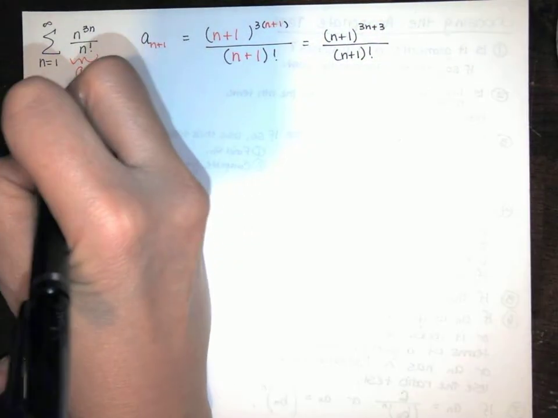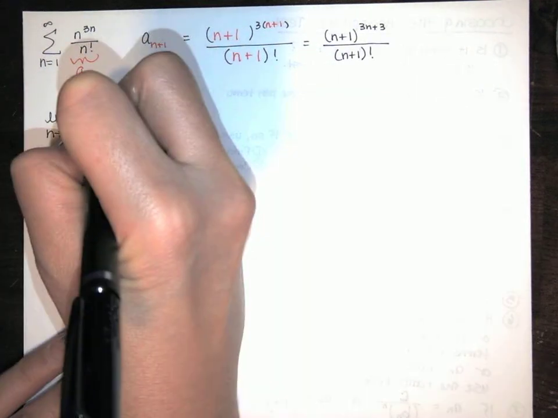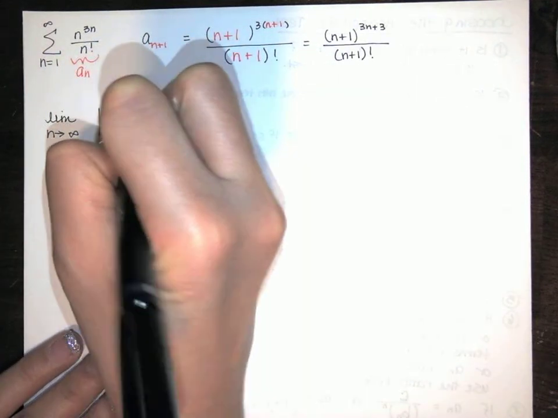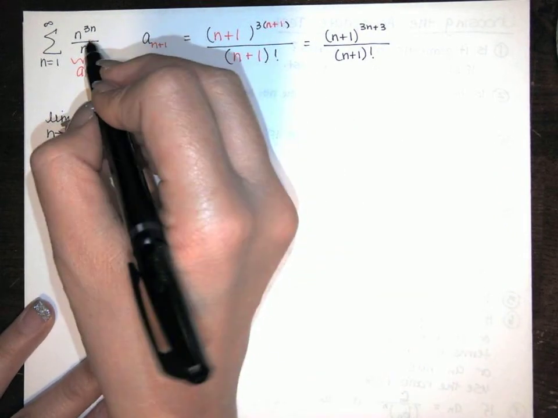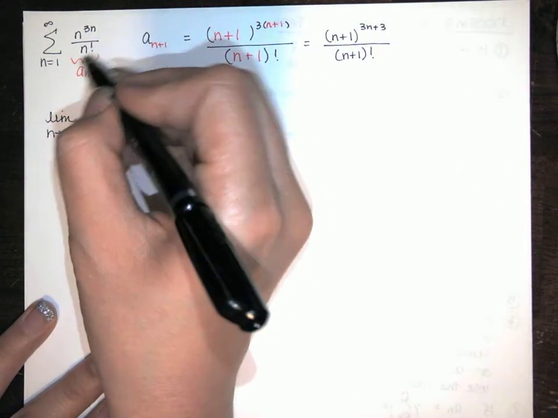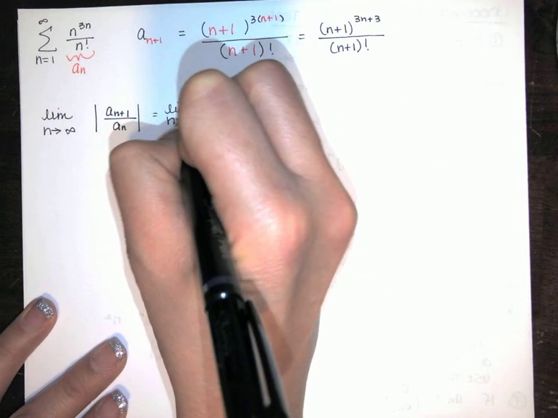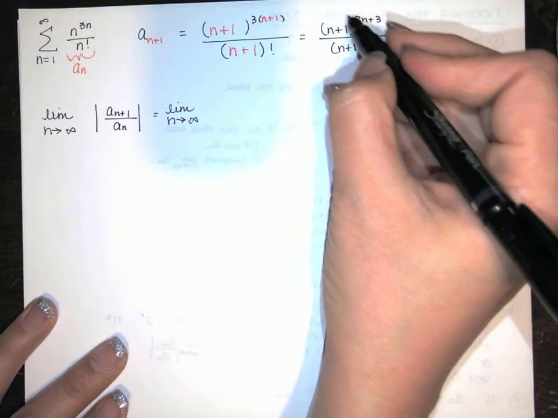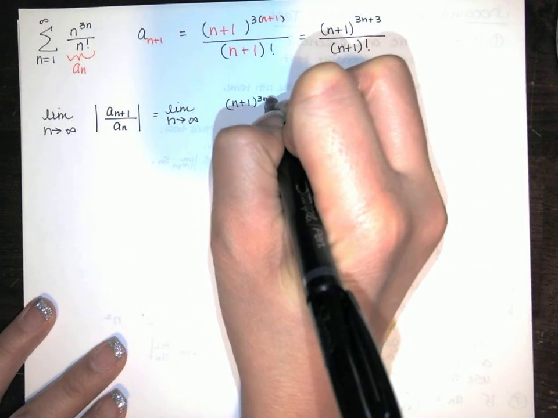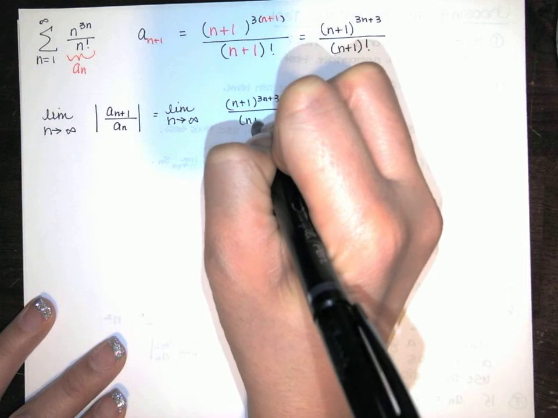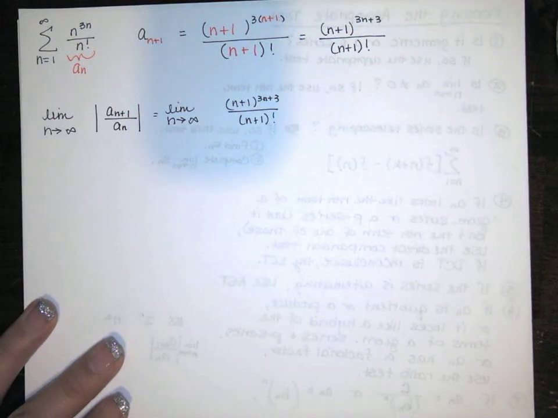Okay, so we're going to take the limit as n goes to infinity of the absolute value of a sub n plus 1 over a sub n, because we're using the ratio test, and we chose to use the ratio test because we had a quotient and it had a factorial in it. Now the absolute values are not necessary here because the terms of a sub n plus 1 and the terms of a sub n are already positive.